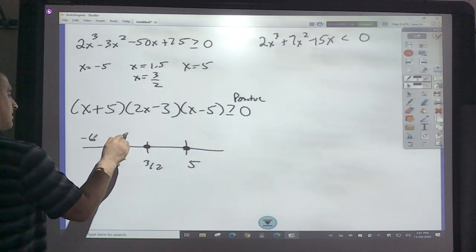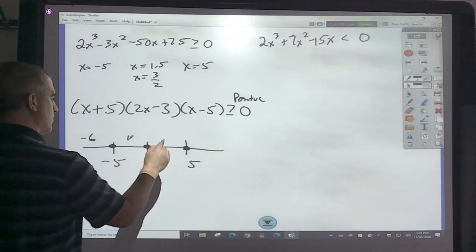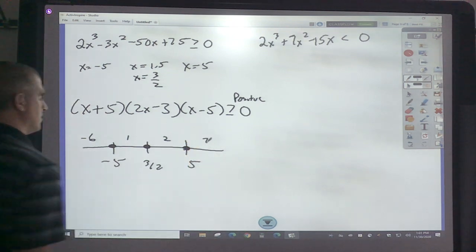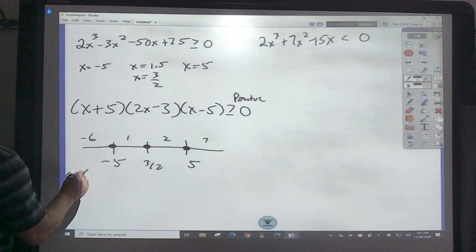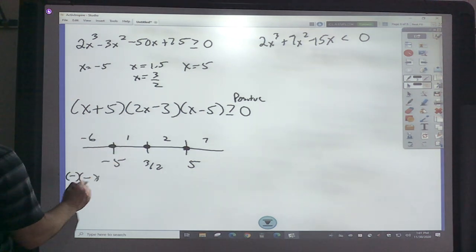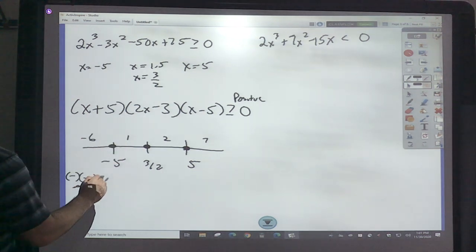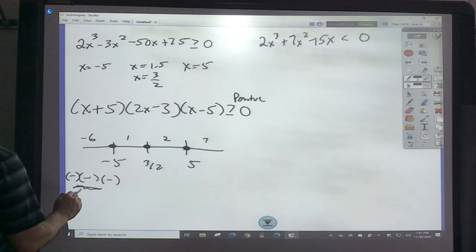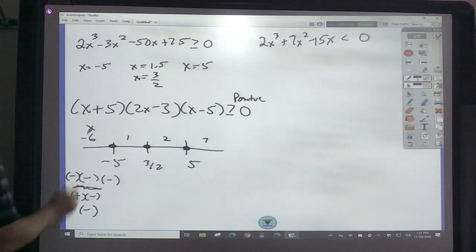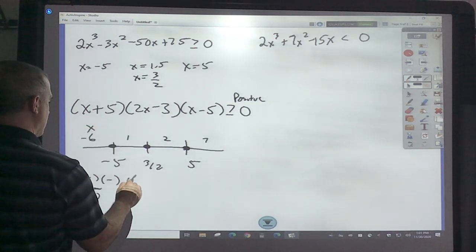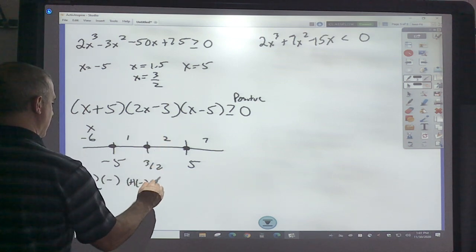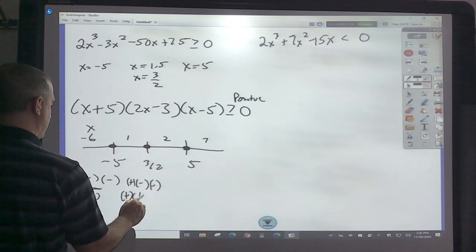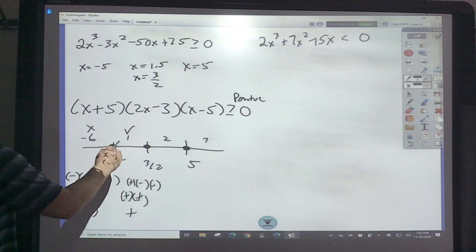Let's test -6, 1, 2, and 7. If I put -6 in there, negative, negative, and negative, that's a positive times a negative, which would be a negative. It's not what I want. If I put 1 in there, positive, negative, negative, that's a positive times a positive. That's a positive, that's what I want right in there.